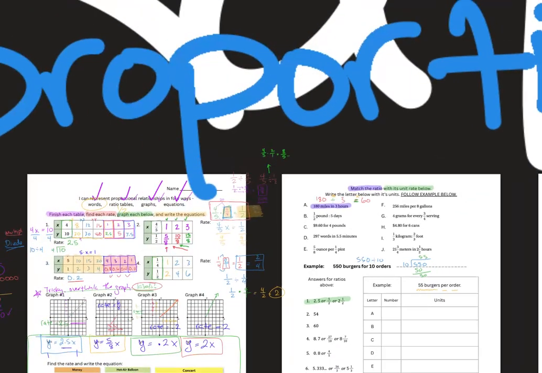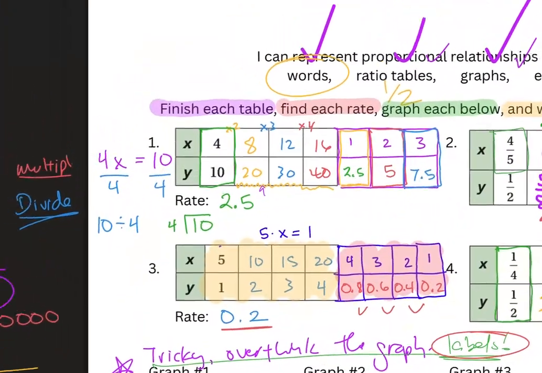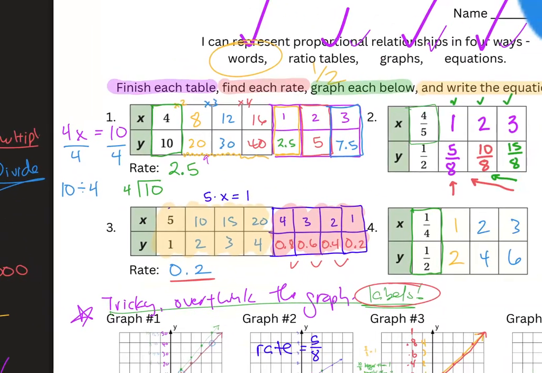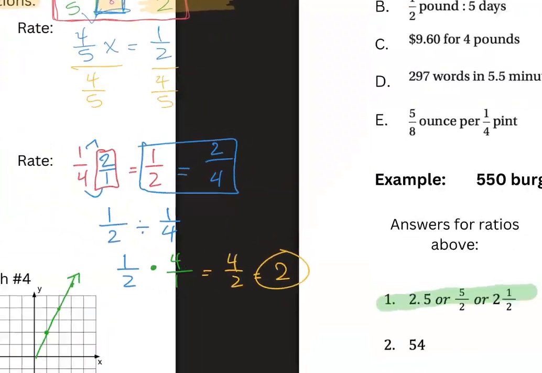And that seems confusing, but it's the exact same thing we were doing over here: 10 divided by 4, because we were doing 4 times some number equals 10. If this looks very confusing, go back and watch that video.